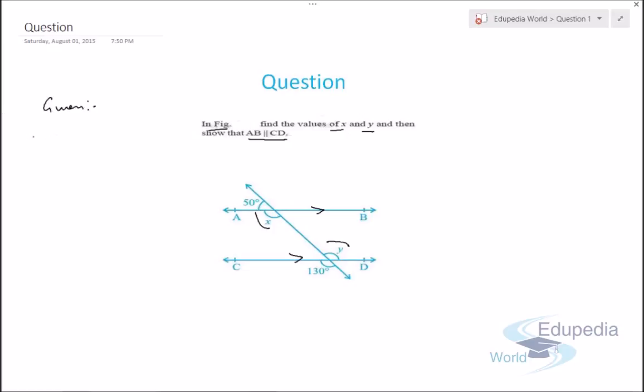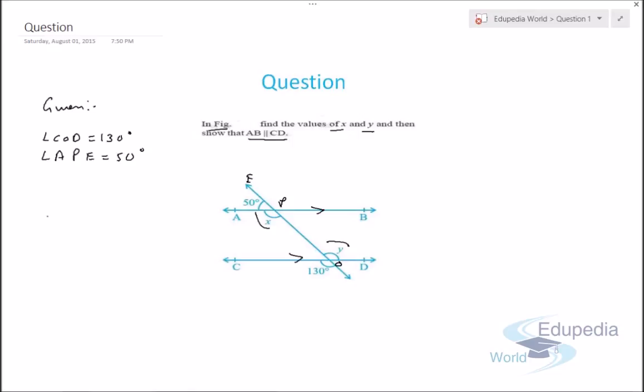It's given that we can take this point as O and this point as P for reference. Angle COD is 130 degrees and angle APE is 50 degrees. We need to find the angles.